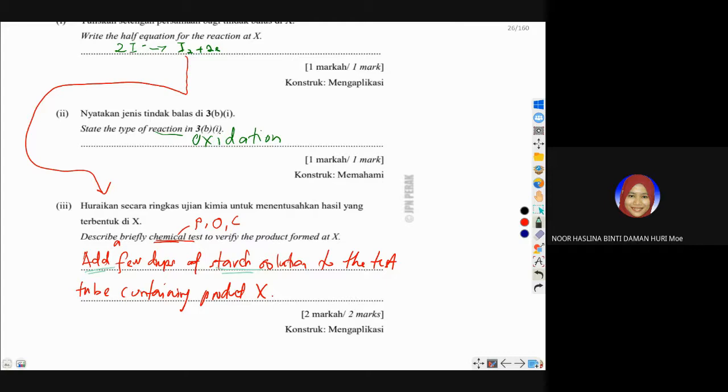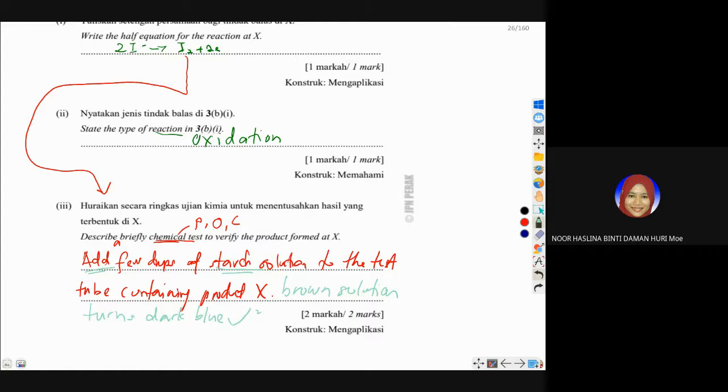You can observe the brown solution turns dark blue. Brown solution is from iodine. So you get the second mark. For the third mark, it shows the presence of iodine. Itu adalah conclusion.